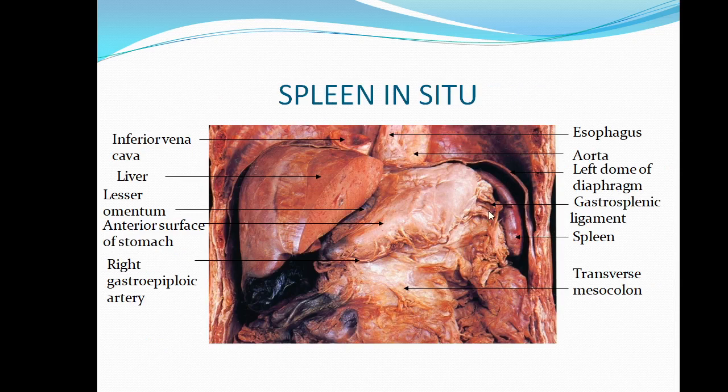Here you can see the gastrosplenic ligament, that is the fold of the peritoneum, which extends from the hilum of the spleen to the greater curvature, and this contains the short gastric vessels, the sympathetic nerves here, and lymphatics.